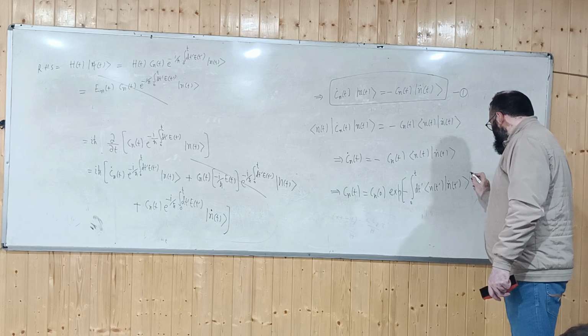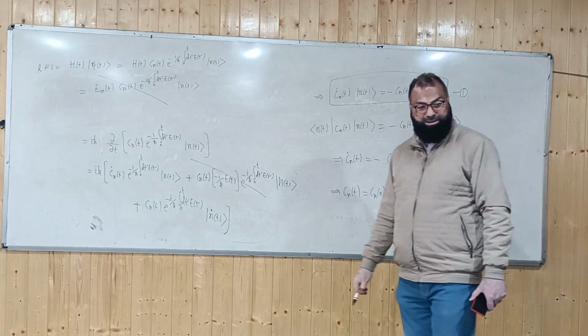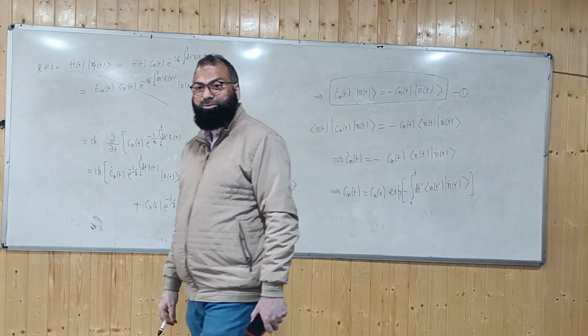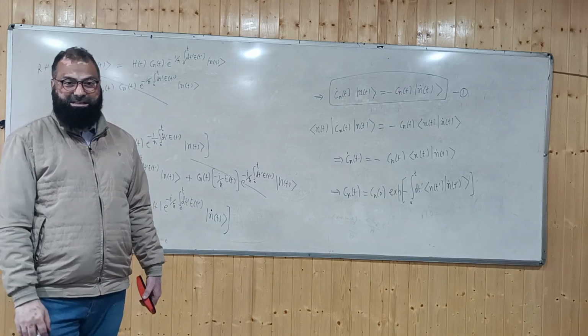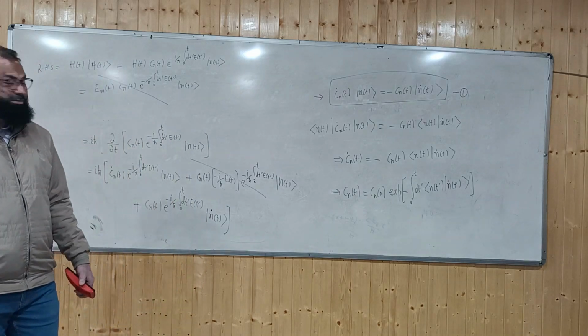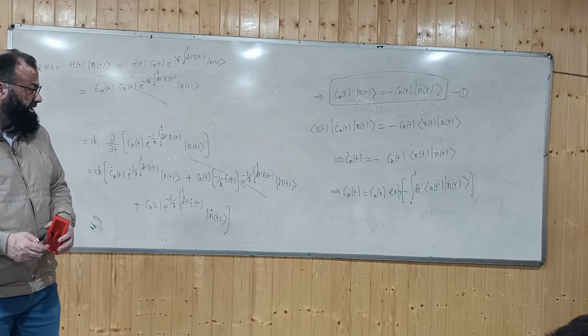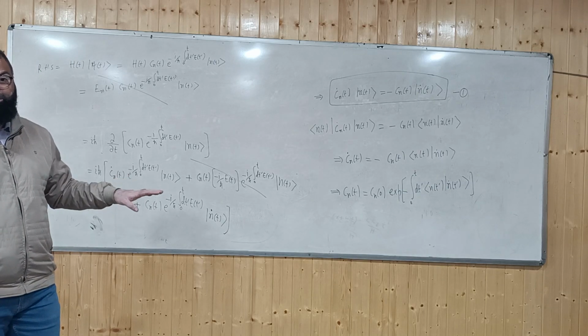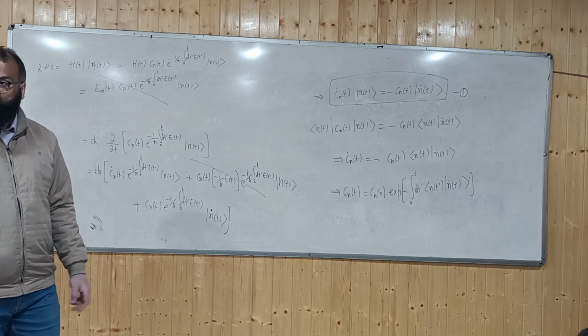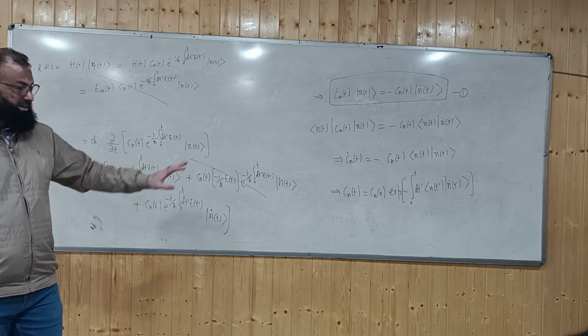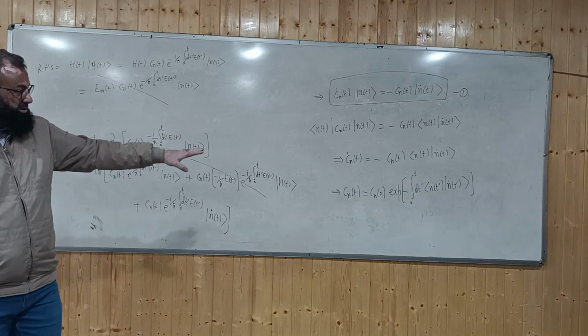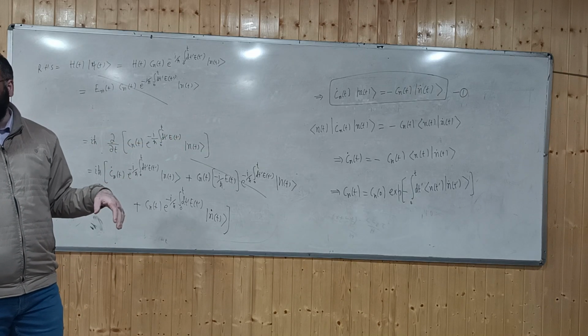Got it? What we have figured out is c_n(t). So we have written this. Now there is a subtlety in this equation. We have solved for one c_n(t). Let me point it out. The calculation we have done from the first equation is an approximate calculation.